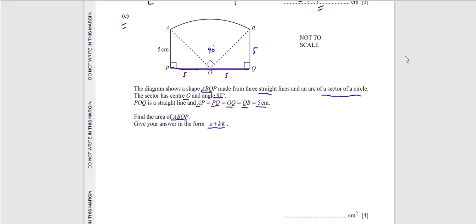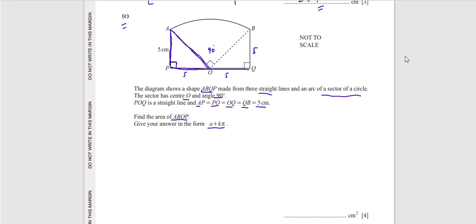First of all, we calculate the area of this triangle. This triangle and this triangle are the same. There is a 90 degree angle. This one is the perpendicular, and this one is the base, and this one is the hypotenuse.